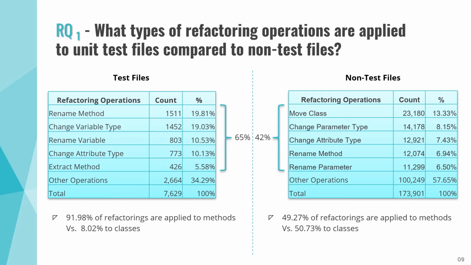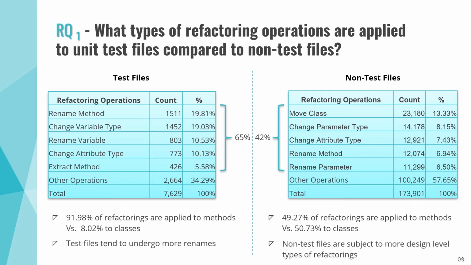For non-test files, we see that operations are more evenly split between methods and classes. Finally, as can be seen from the table, test files undergo more renames, while non-test files have more design level changes, such as move class.